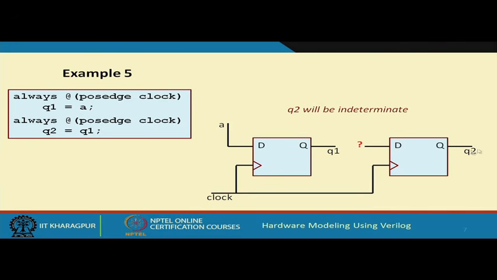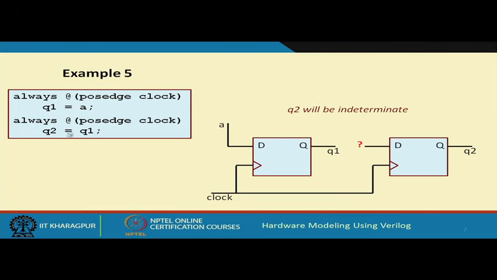But the value of Q2 will be indeterminate, because what will be this Q1 here? Will it be the old value of Q1 or the new value of Q1 which you have just now loaded into Q1 from A? This description is a little ambiguous.